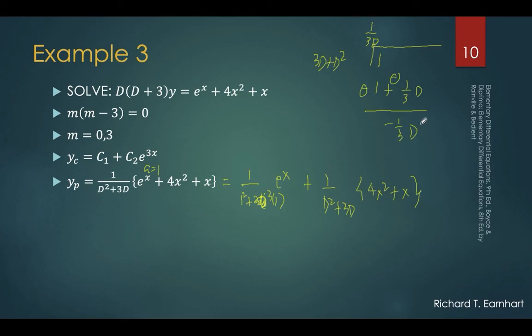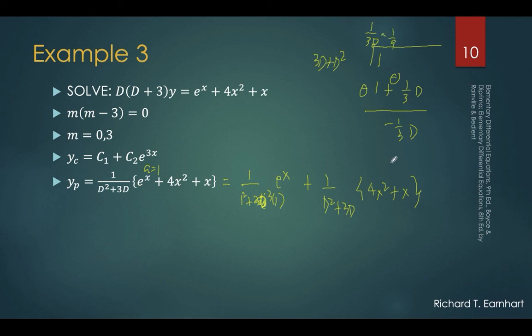And then divide negative 1/3 D by 3D. Okay, so that gives you negative 1 over 9 here.